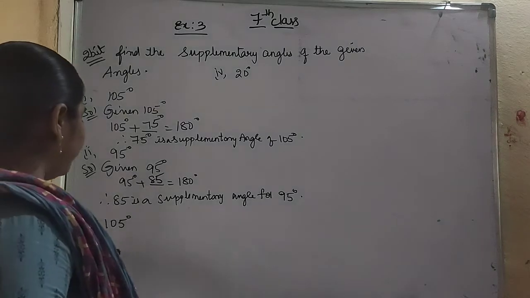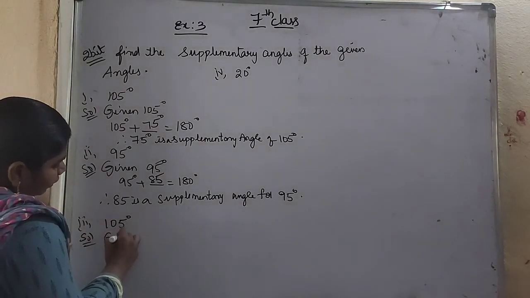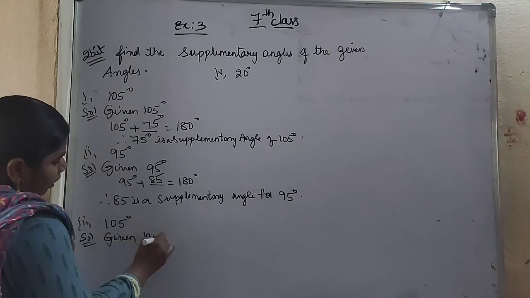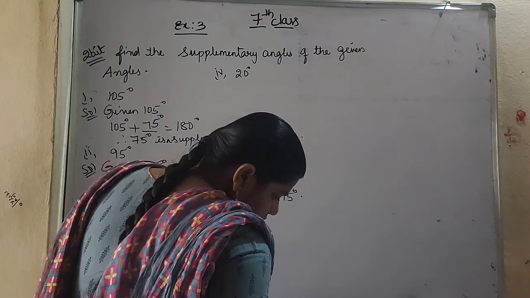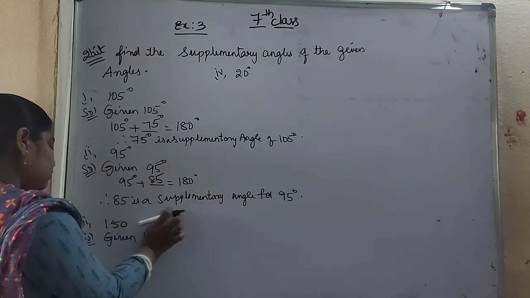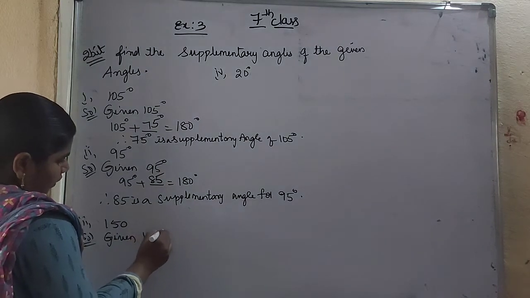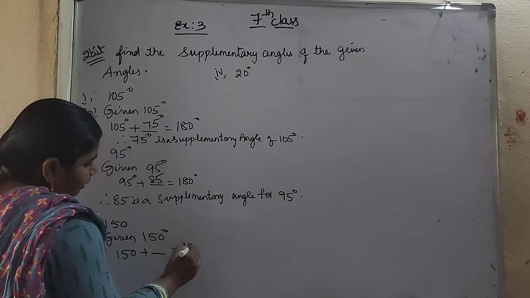Now we have to find for the third one. This is 150. For this 150, how much will you add to get 180?